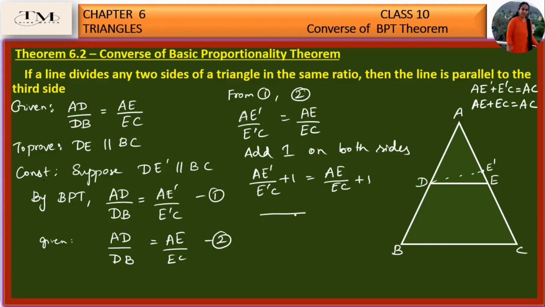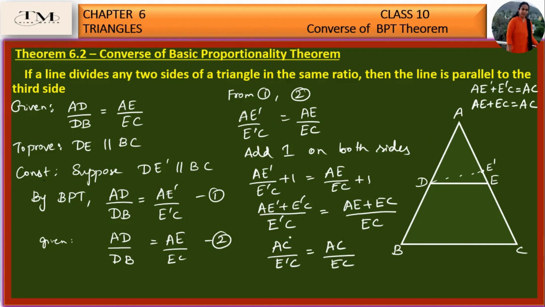Now if we take the LCM as E dash C, we get AE dash plus E dash C, and on the right the LCM is EC, so in the numerator we get AE plus EC. So AE dash plus E dash C is nothing but AC divided by E dash C, equal to AE plus EC, which is nothing but AC divided by EC.